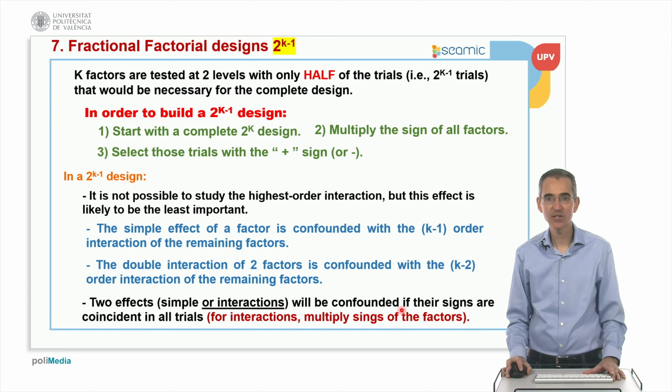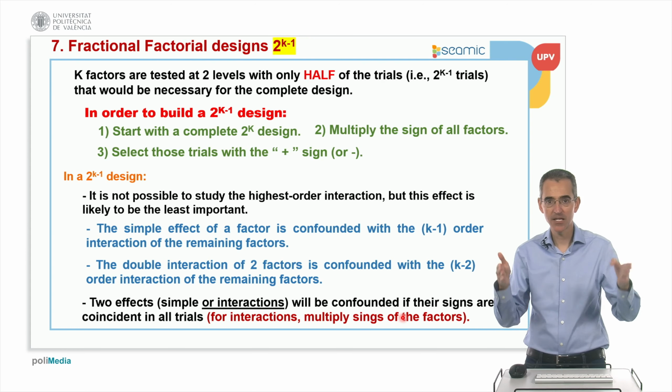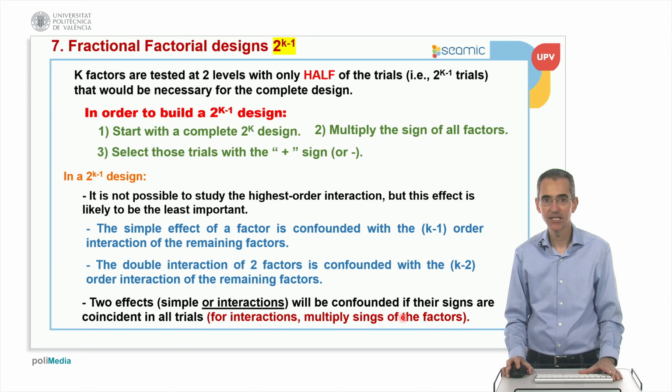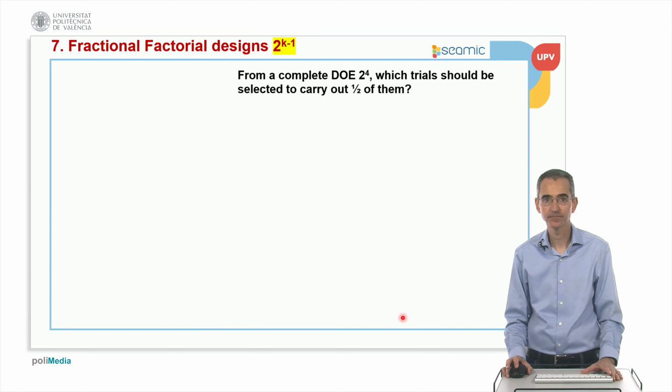But in this case, it's quite simple. We just multiply the signs and then we compare the signs. If the signs are exactly the same, we will say that they are confounded, and if they are not the same, they will not be confounded.